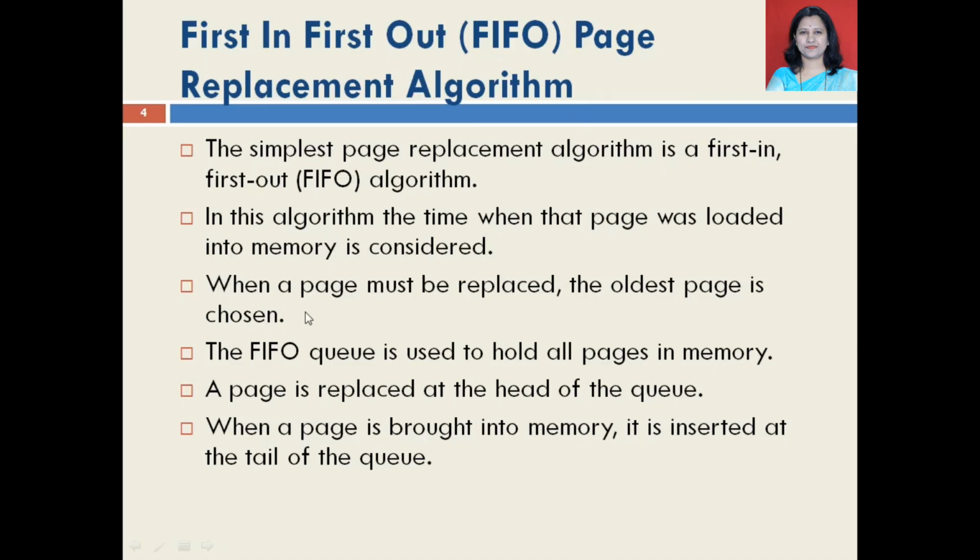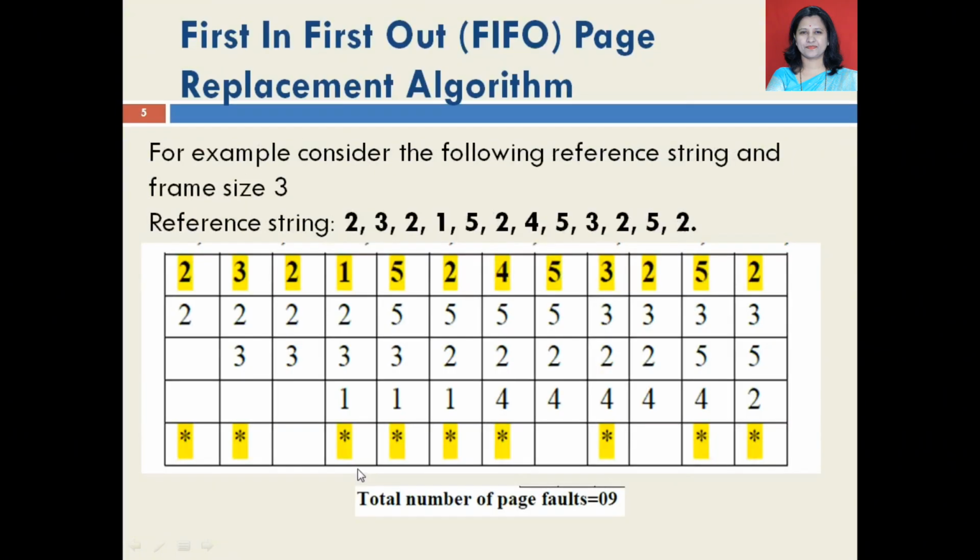When a page must be replaced, the oldest page will be chosen for replacement. A FIFO queue is used to hold all pages in memory. The page at the head of the queue is replaced, and when a page is brought into memory, it is inserted at the tail of the queue.